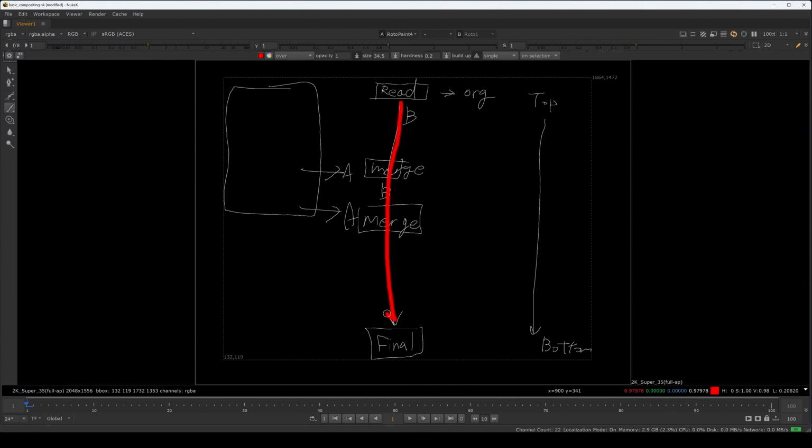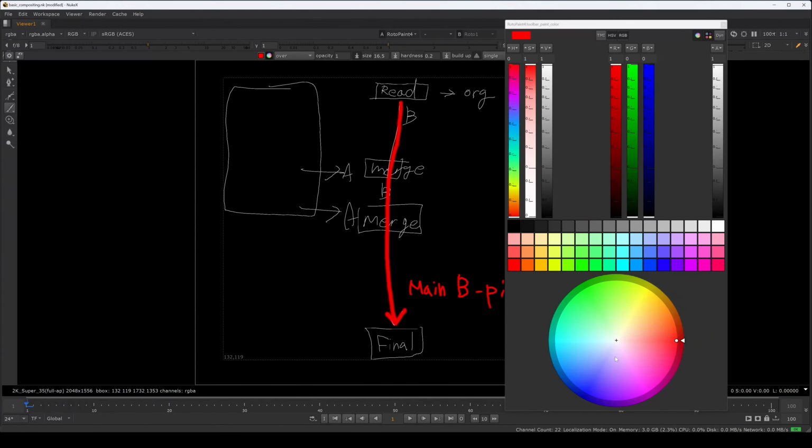This is our main B pipeline, but sometimes here another work with merge, and also here B, A data like this, and input here.